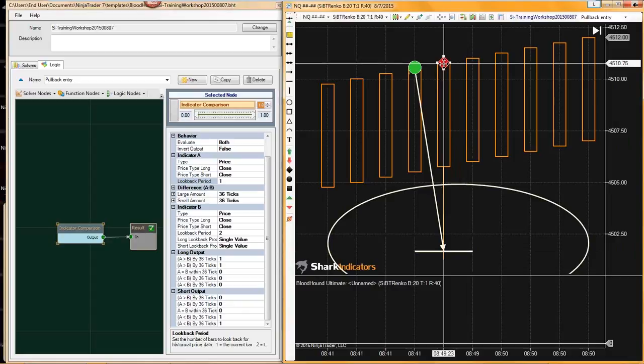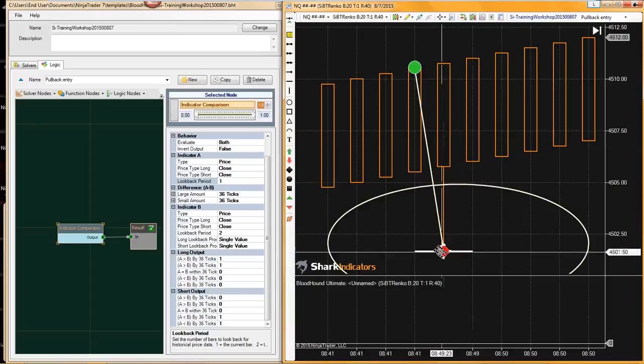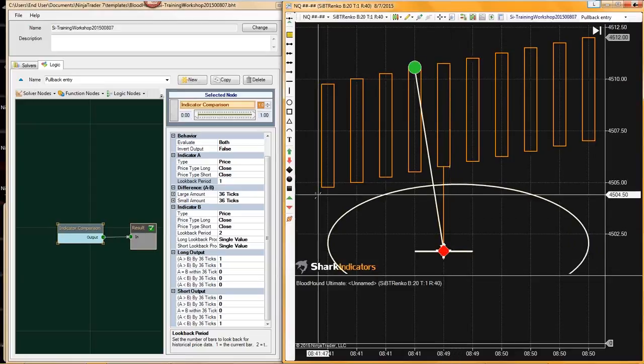So we'd only get a signal if this bar was building in real time, and when price finally comes down to here in real time, then we'd get a signal. But because the closing price is actually up here on a static chart, we're not going to get a signal.